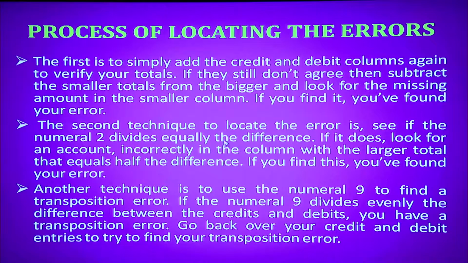The process of locating the errors involves, first, simply adding the debit and the credit columns again to verify your totals. If they still do not agree, then subtract the smaller total from the bigger sum and look for the missing amount in the smaller column. If you found it, you found your error.